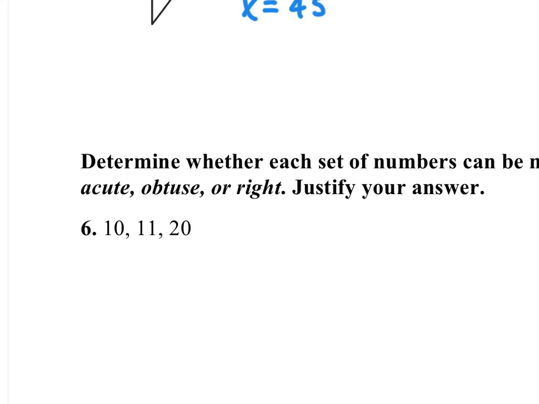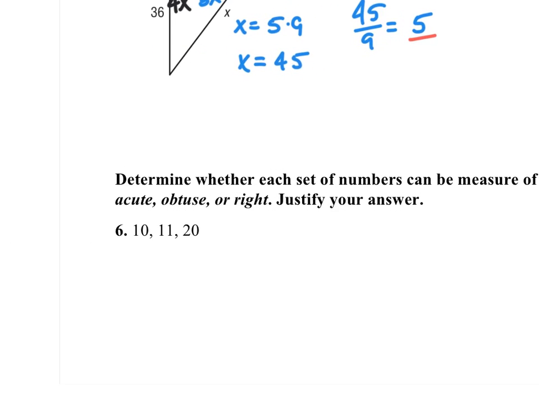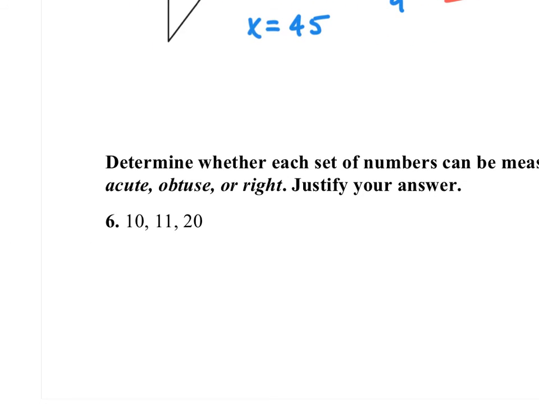I'm going to quickly do 6 and 7 real quick. We want to determine whether these sides of a triangle give me an acute, obtuse, or right triangle. So what I want to do is take the two smaller sides, take 10 squared plus 11 squared, and see what the relationship is between that sum and 20 squared.